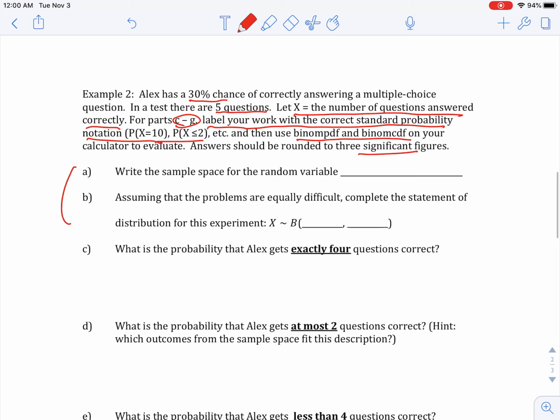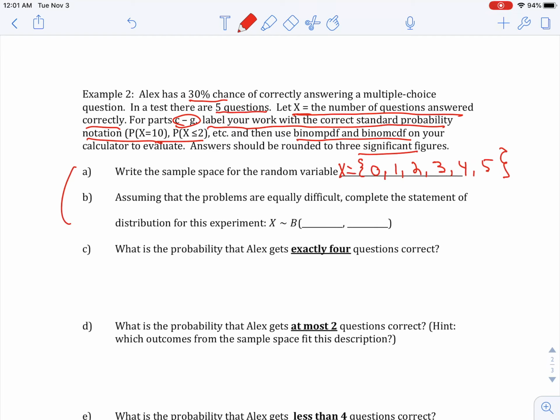So the first says, let's write the sample space for this random variable. So if there are 5 questions and X counts up how many questions are correct, then X could take on the values of 0, 1, 2, 3, 4, or 5, right? And on your homework, just pay close attention to the directions.